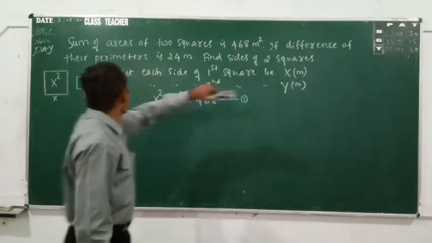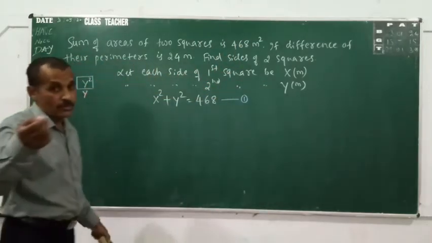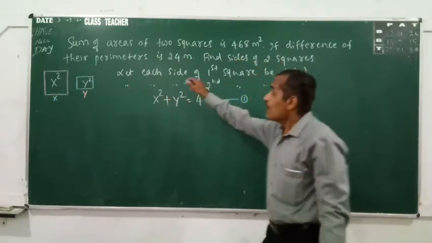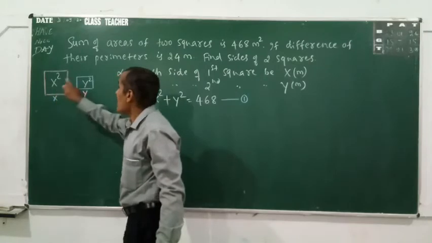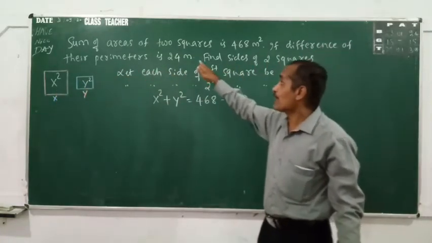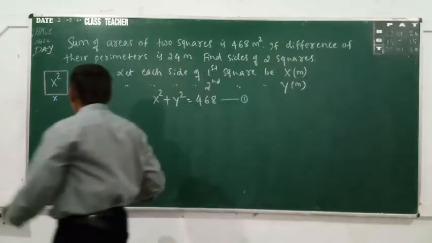If the difference of their perimeters, you know what a perimeter is? Perimeter means the sum of all four sides. They say find the perimeter of this, find the perimeter of this, and if you take the difference of those two, your answer is 24. Let me write here only.